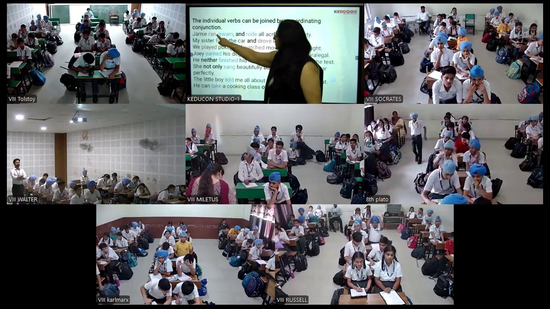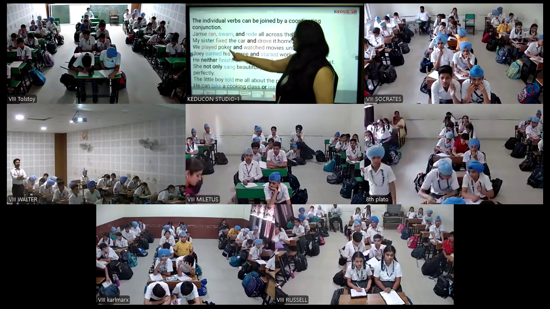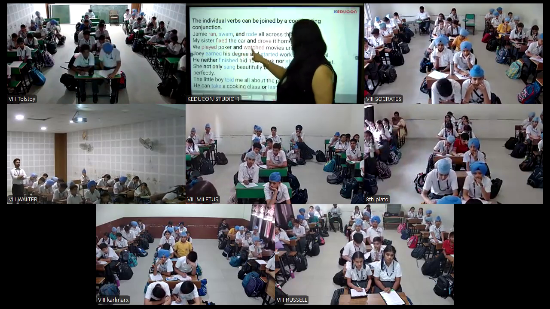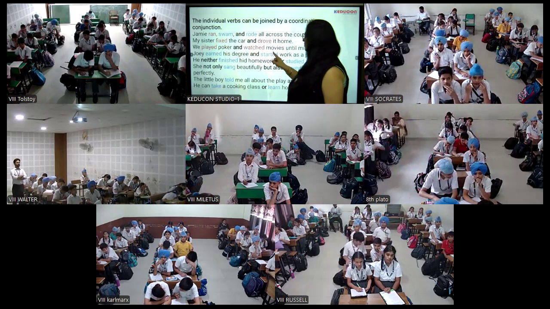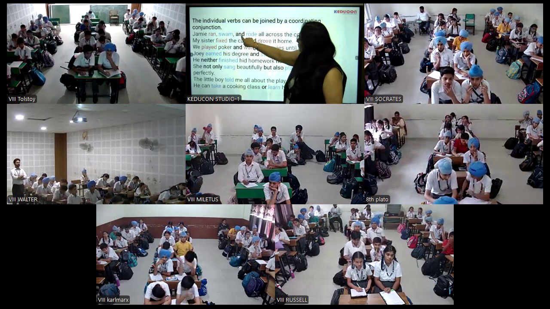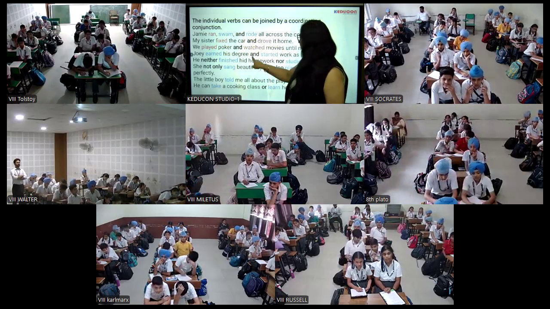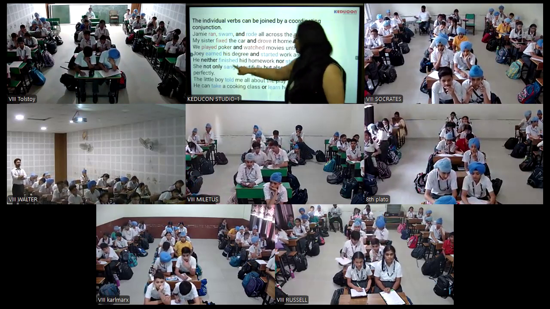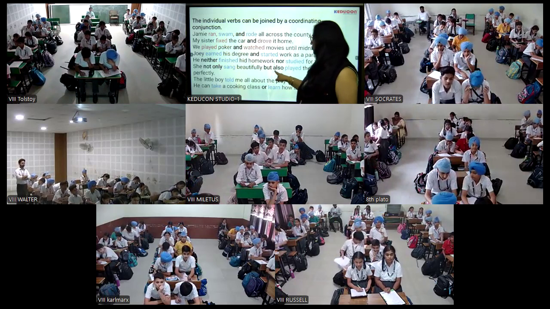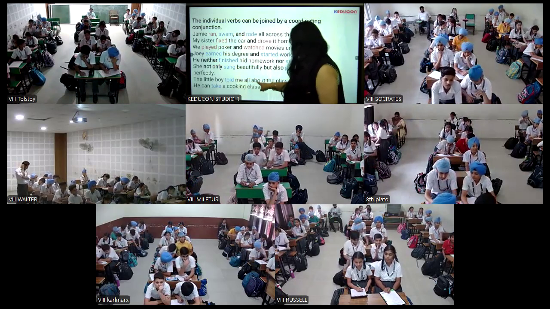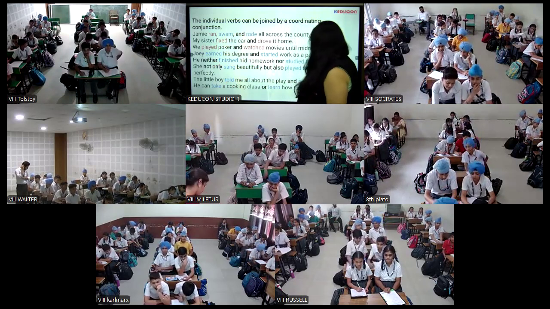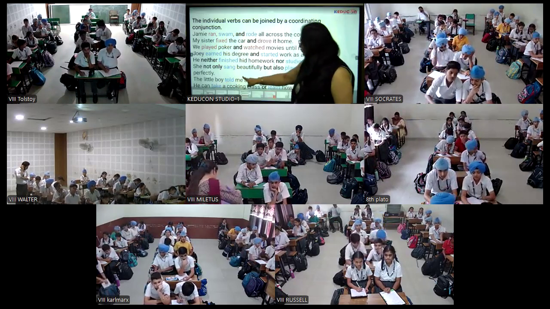Here we have three verbs. Here we have two verbs. Here we have two verbs. Here we have two verbs. And the conjunctions are and, and here we have neither/nor, not only/but also.